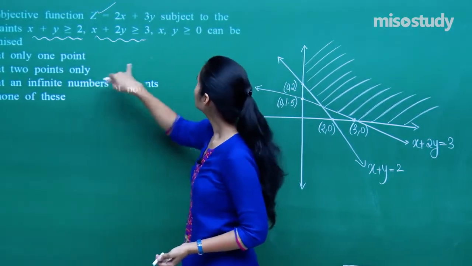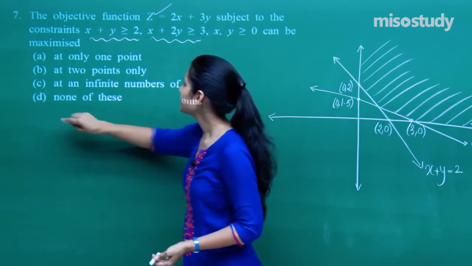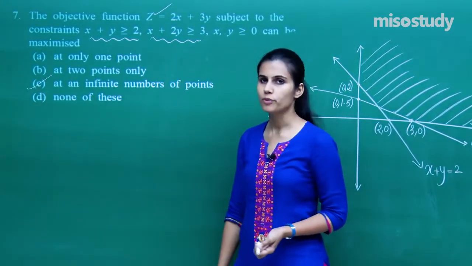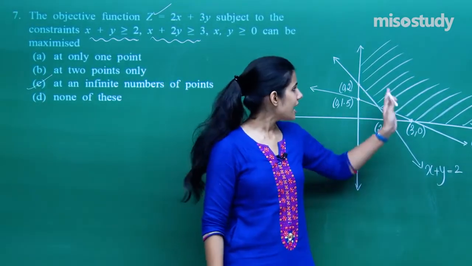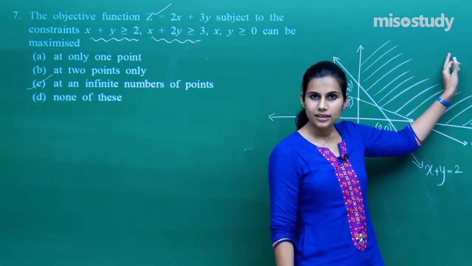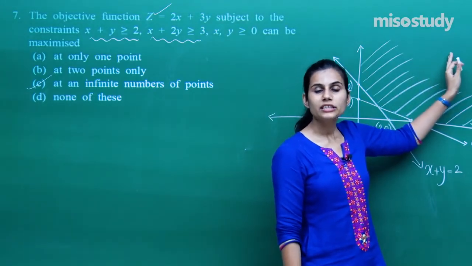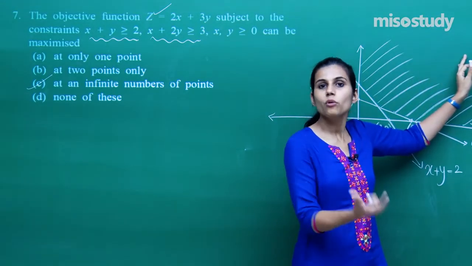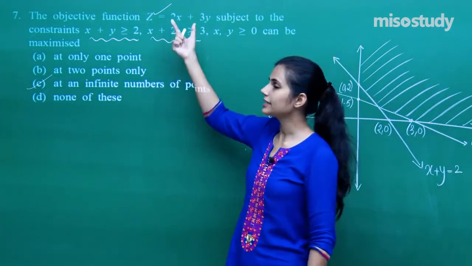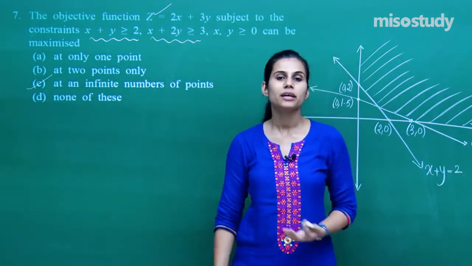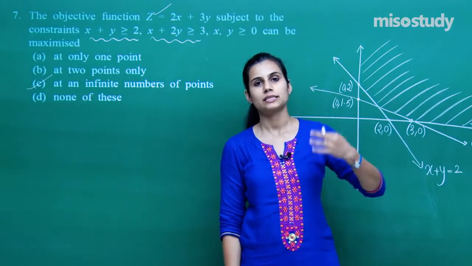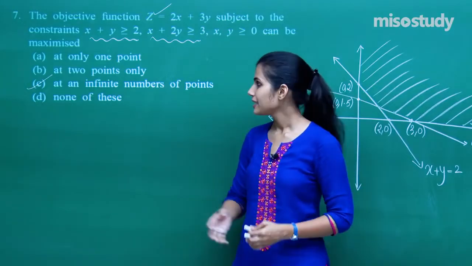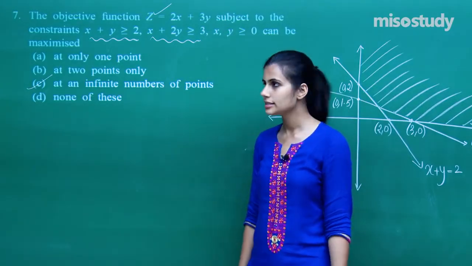That means the objective function can be maximized at an infinite number of points, right? Because as I go ahead and ahead, the coordinates keep on increasing in value, x coordinate or y coordinate, and hence the value of z keeps on increasing, becoming maximum and maximum. So I can maximize it at infinitely many points.